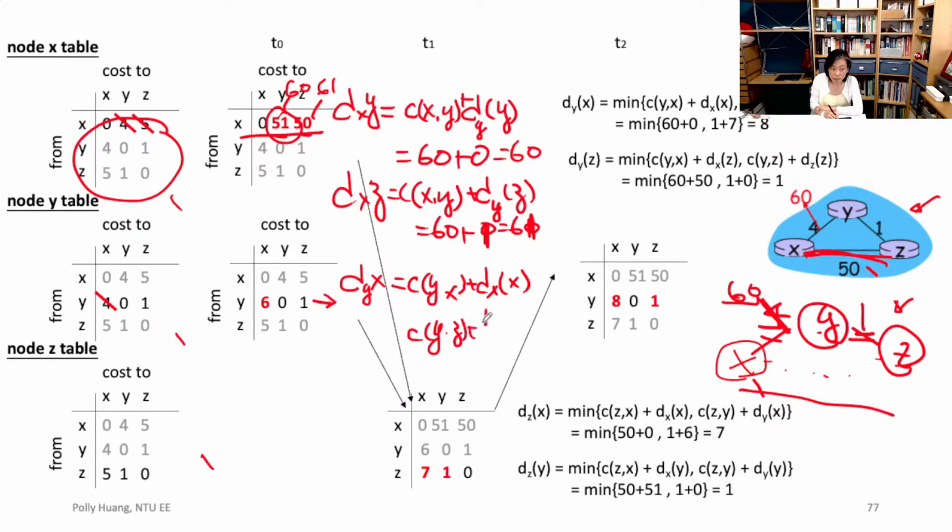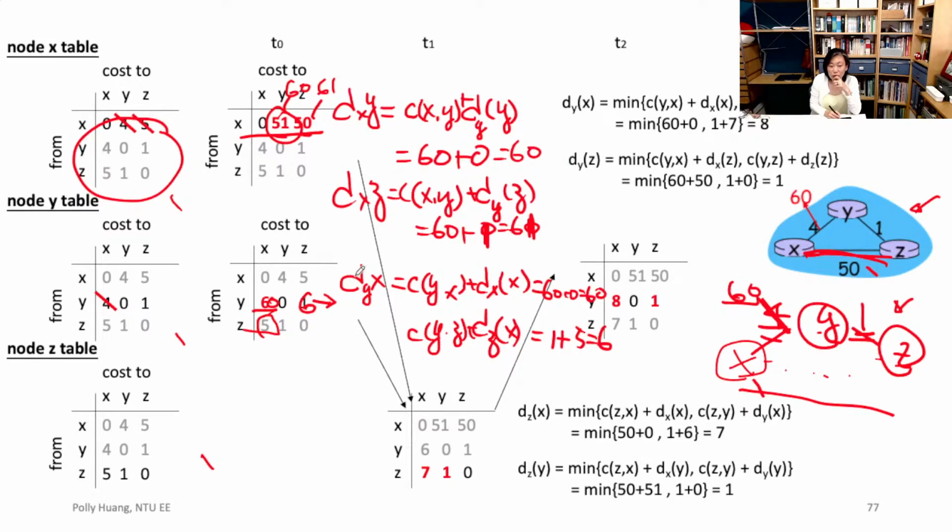Z. What is the value here? yx is changed to 60, dxx is 0, so we do have 60 here. What about this guy here? dyz is 1. And the dzx is 5. We have 6 here. Yeah, 60 and 6 here.